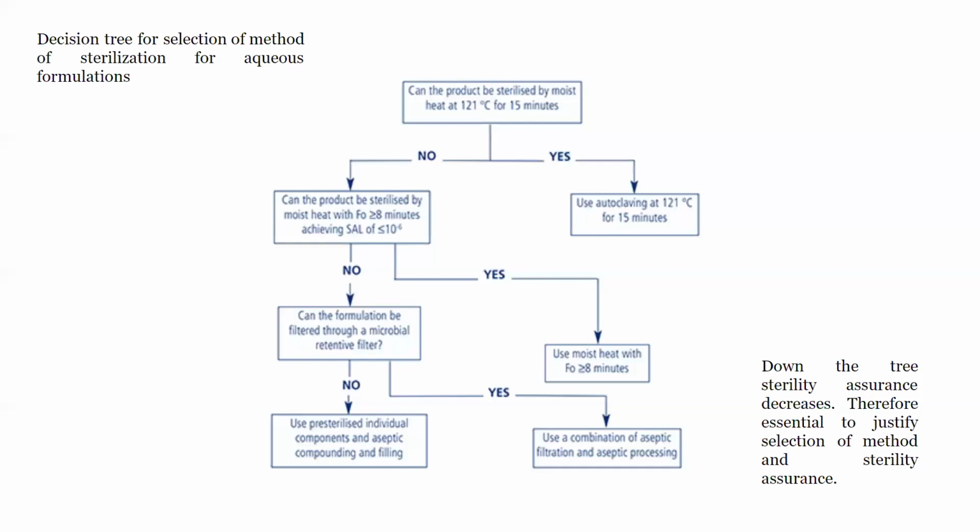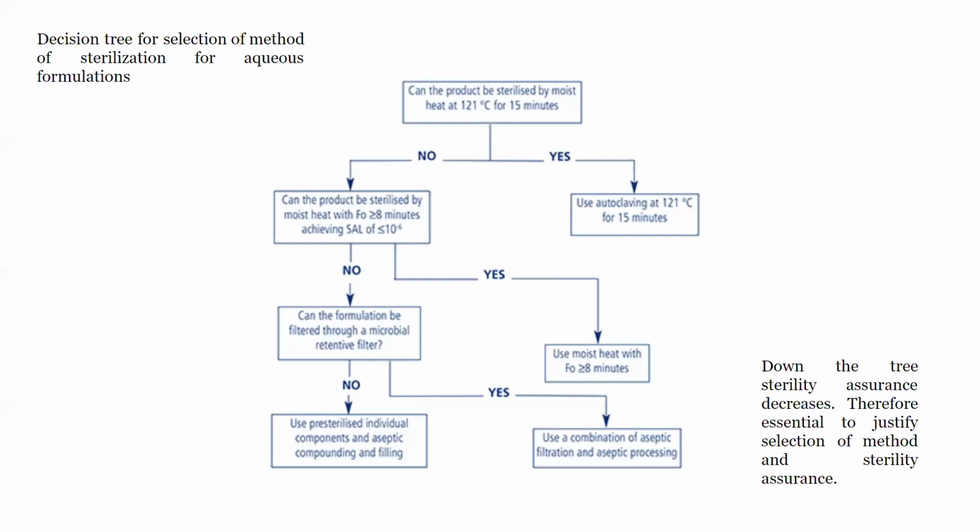If it is no, then you can go for another method, and you'll see whether this product can be filtered by membrane filtration and the microbial burden can be retained onto the membrane. If yes, then rather than going for autoclaving, go for filtration and aseptic processing. If it is no, you cannot further filter and sterilize the formulations, then aseptic processing is adopted.